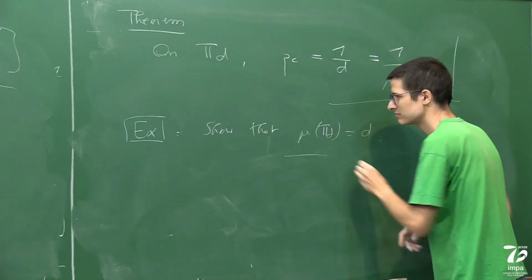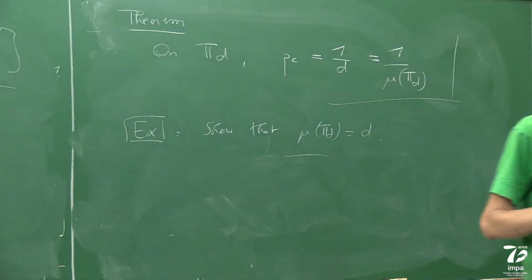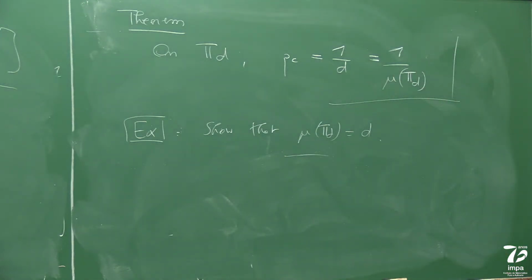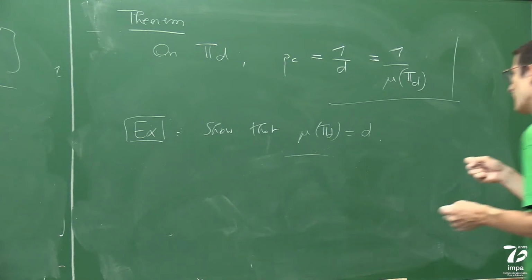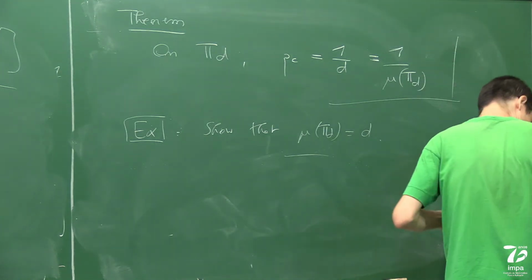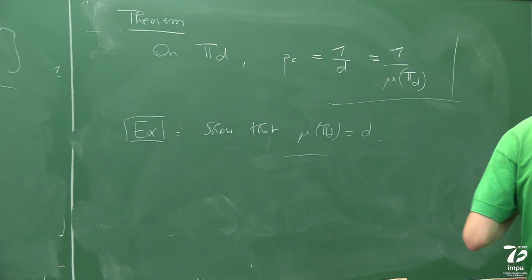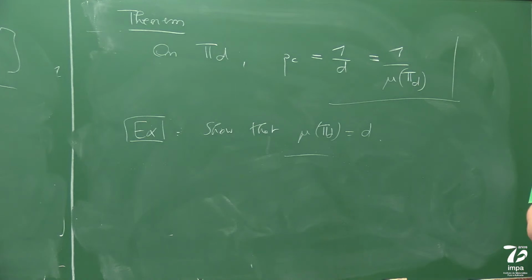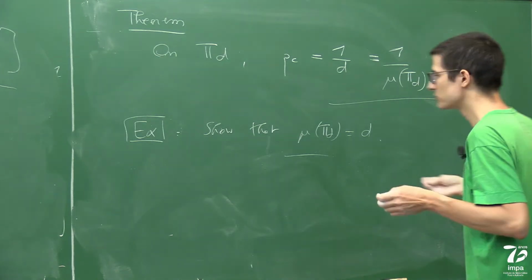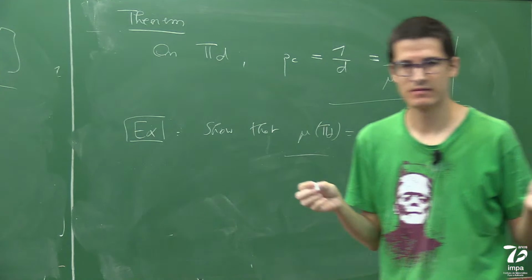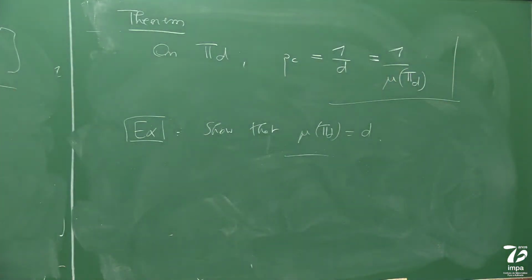And this exercise already shows you that on the tree everything is going to be simpler, because when you try to count self-avoiding paths on the tree, it's not very complicated.